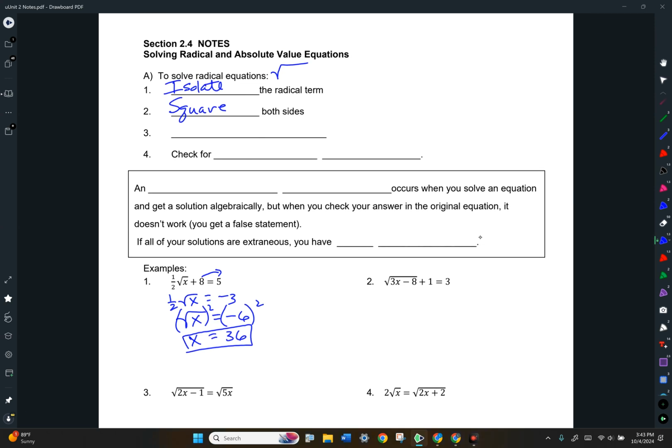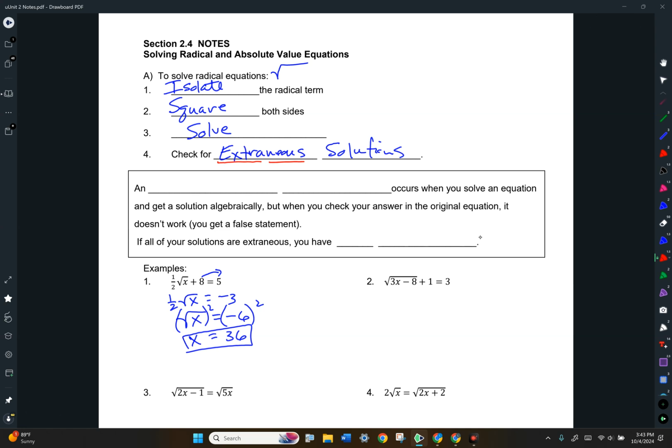But up here, it might be that you square both sides and you still have to go on to solve for x. And then the one thing that we'll mention is, in general, you have to check for what we call extraneous solutions. Extraneous is like extra.